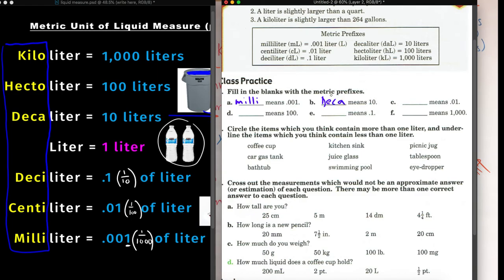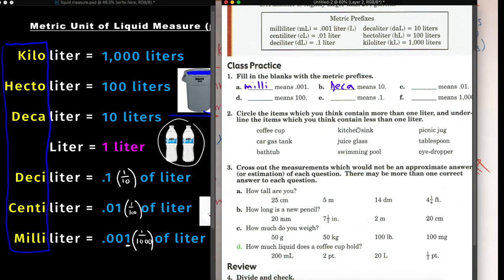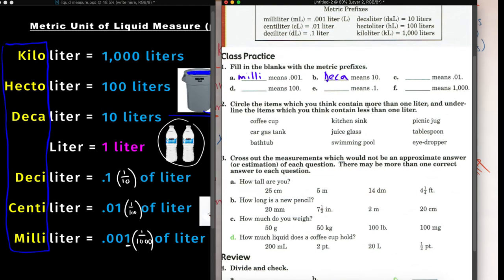So I think you guys can go ahead and do the rest of that by yourselves. Next: circle the items which you think contain more than 1 liter, and underline the items which you think contain less than 1 liter. Remember, 1 liter is the equivalent of 2 water bottles. So a coffee cup.